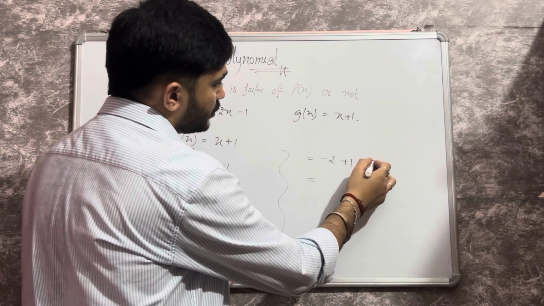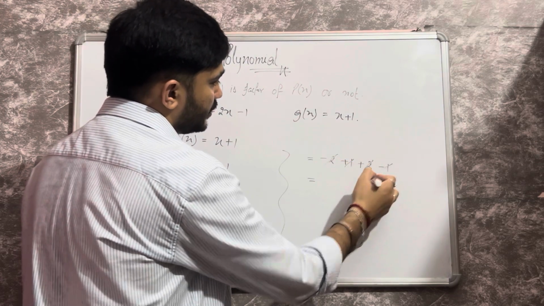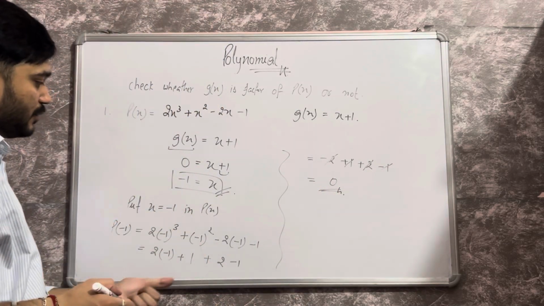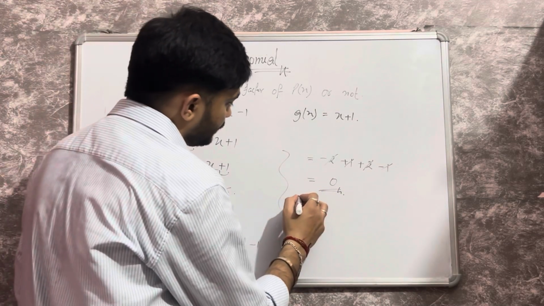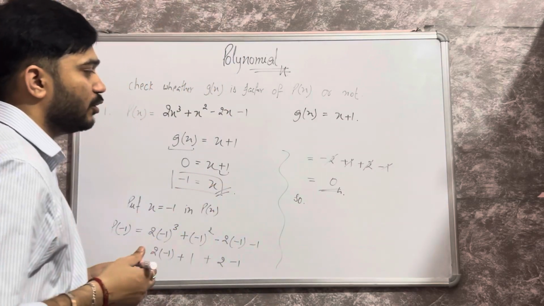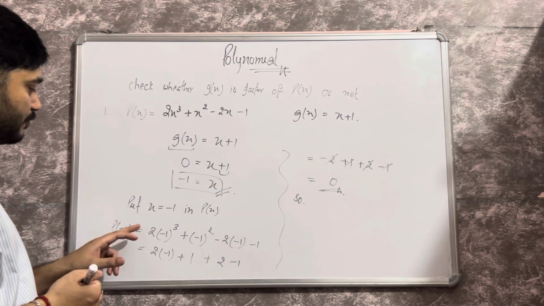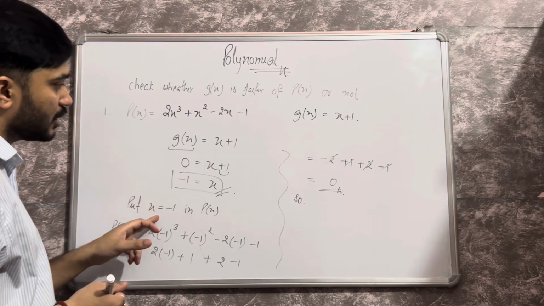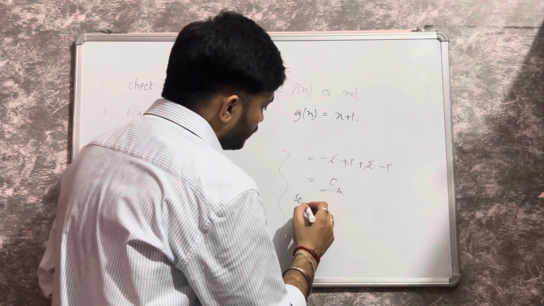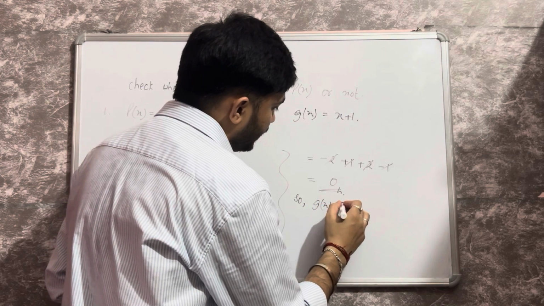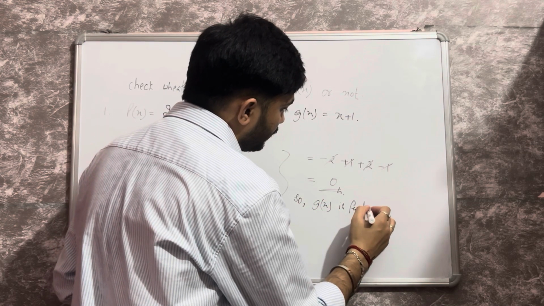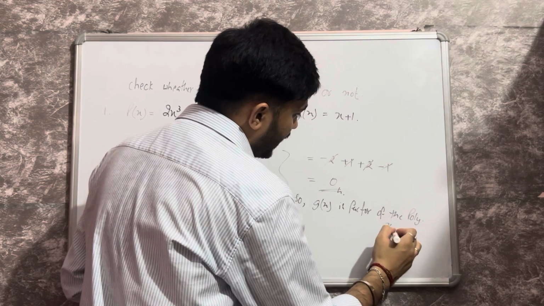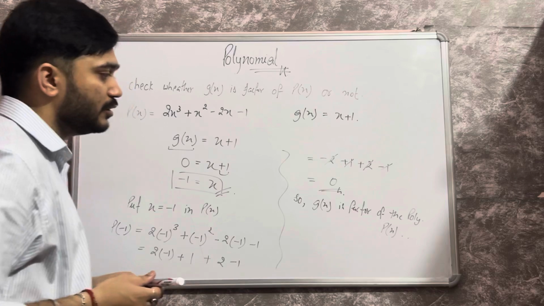Minus 2 plus 2 cuts, plus 1 minus 1 cuts. So the answer of this equation is 0. As I already told you, if the answer of p of x for x equal to any number comes to 0, then g of x is a factor of the polynomial p of x. Any doubt?